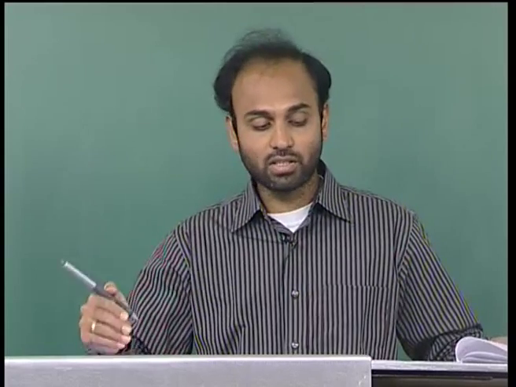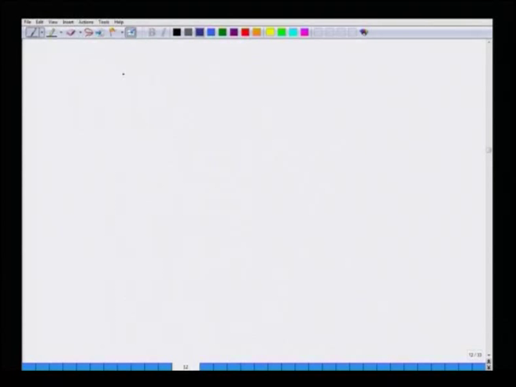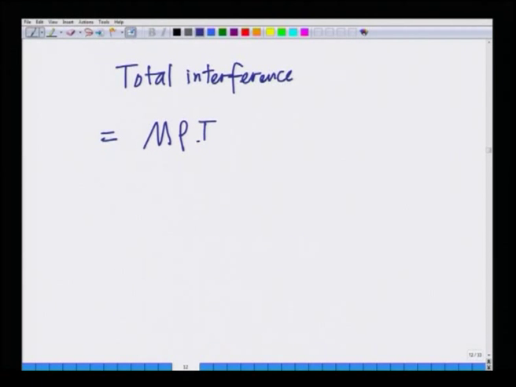Now, we put all these things together to analyze the system. So, the total interference, first let me write, is MPI plus MUI. So, total interference power is MPI power plus MUI power, which is nothing but 1 over n, summation k equals 0 to capital K, p k into norm h 0 square, minus 1 over n p 0 magnitude h 0 square.